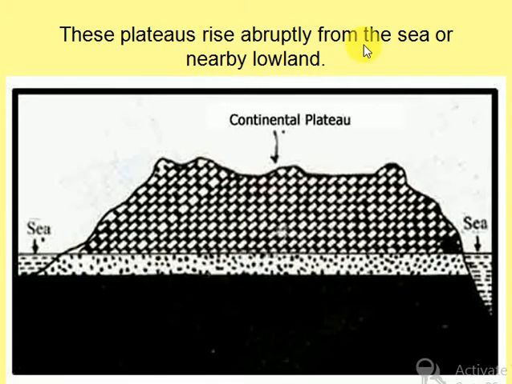So have a look at the image carefully. You can see clearly that this is an uplifted part from the sea, and due to the flat surface, it has taken the shape of a plateau. We call it a continental plateau. On both sides we have sea over here.